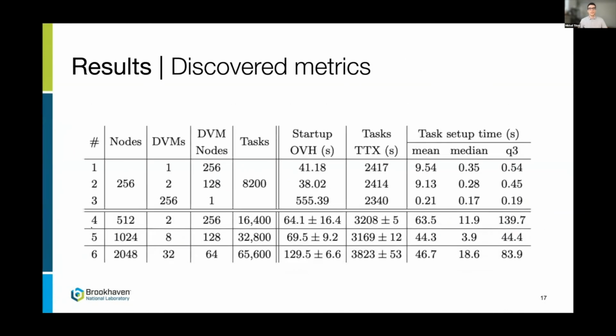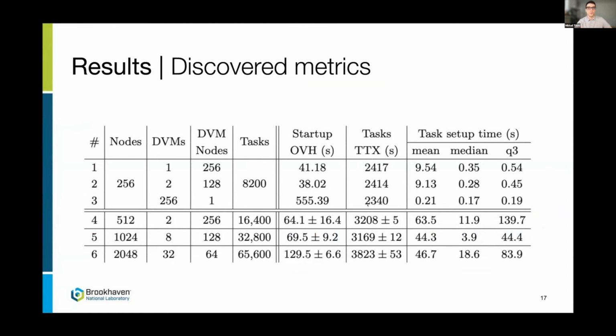And this is the final table that we got out of the 6 experiments: 3 experiments with 256 nodes and the other 3 with an increasing number of nodes. You can see here the total task execution time, and this is something that we would expect.